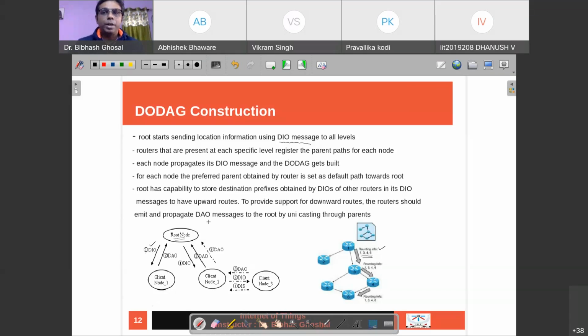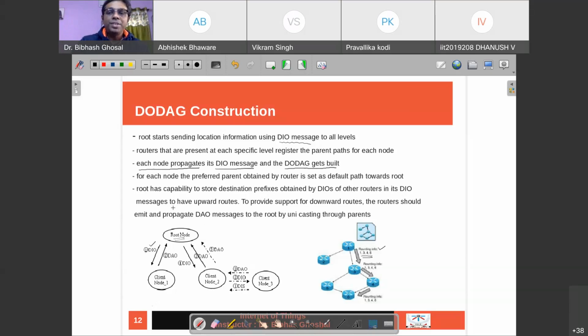So you have a next router, it sends it. So each node propagates its DIO message, and gradually this graph gets built. So the first step is propagation of the DIO message via different routers.